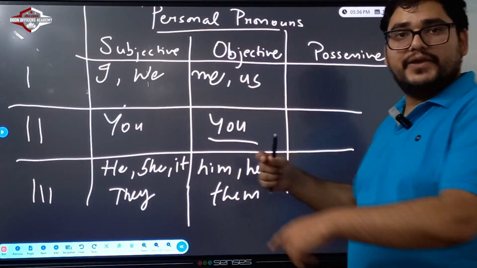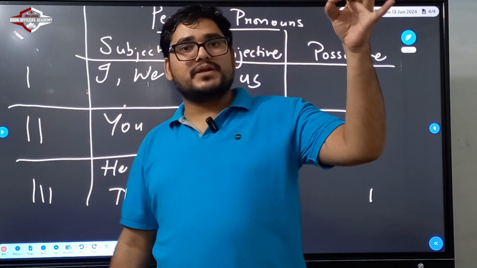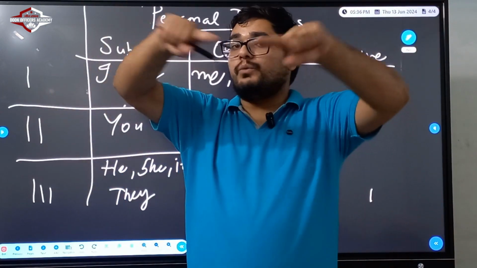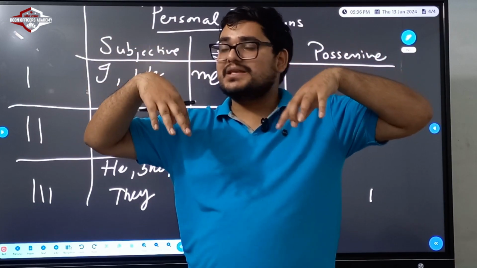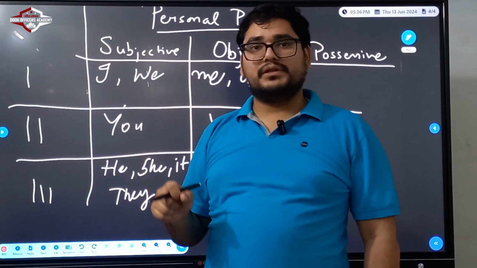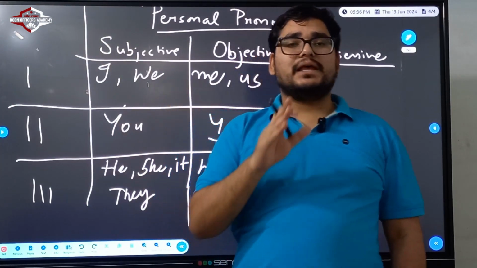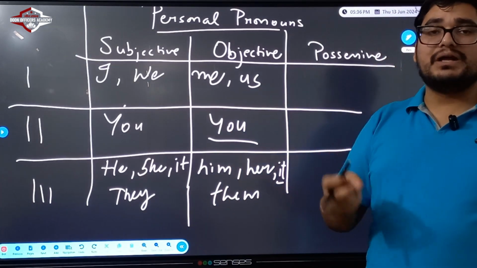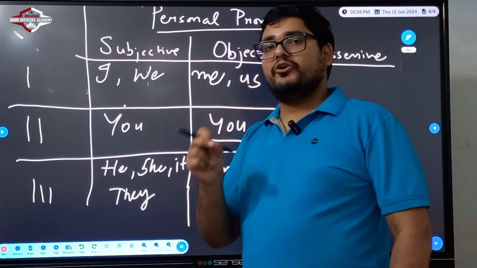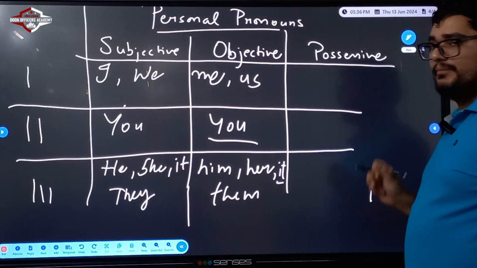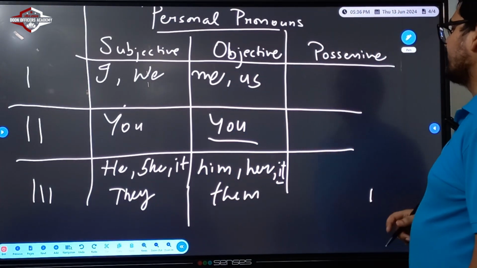Or if I take 2 or 3 assignments and I ask whose assignments are these, then you say it is our assignments if it belongs to your friends, or you say it is their assignments if it belongs to a group of people, right? So these words like their, our, his, her, these pronouns show the state of possession or ownership. So these are called possessive pronouns, so possessive case pronouns, right?